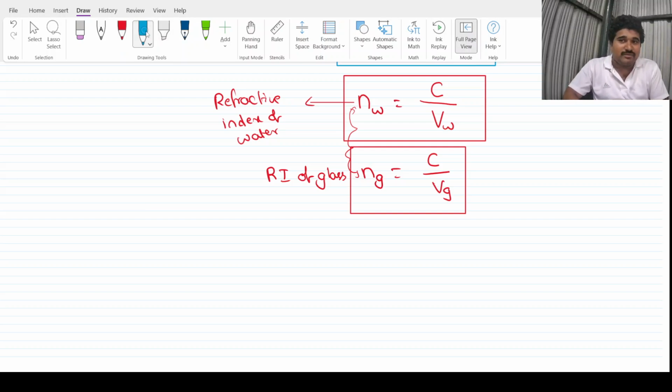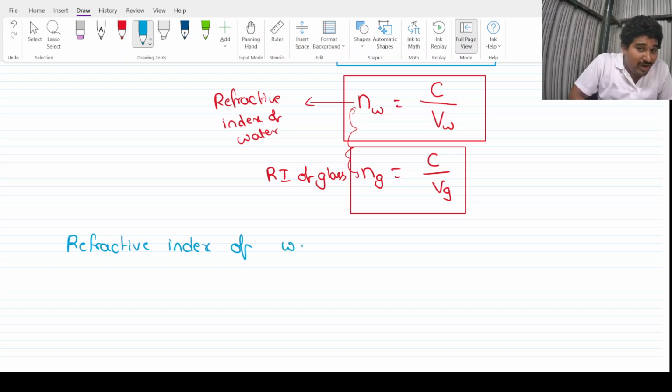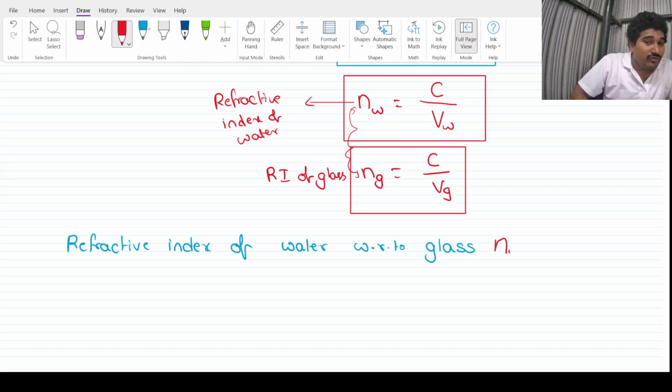So I am going to write this statement: refractive index of water with respect to glass. I will indicate it as n w g.